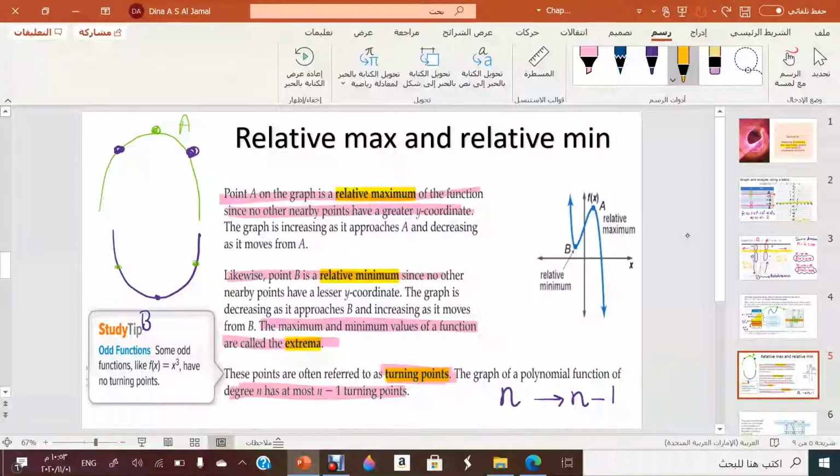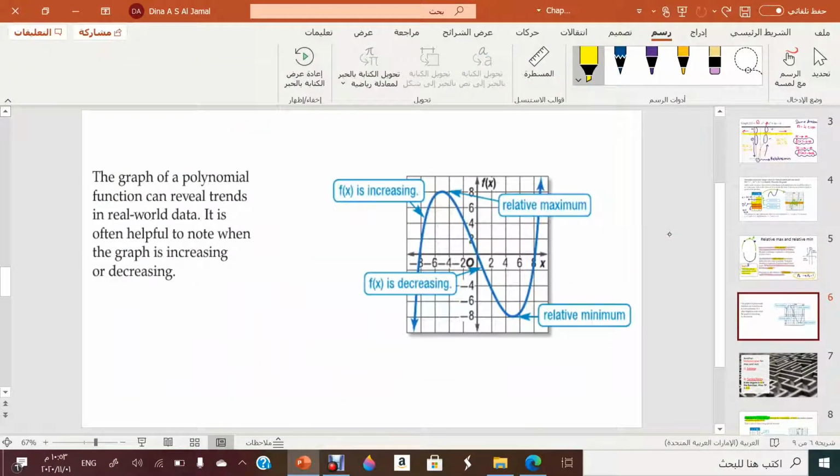So you have to know the difference whenever I'm asking you to find the turning points. And here is some information which you need to know. Some odd functions will not have turning points. So now let's study. Whenever f of x is increasing then decreasing, know that you will be having a relative max.